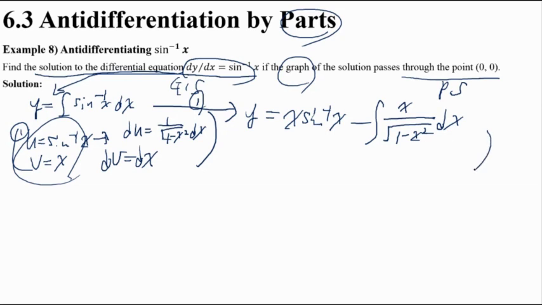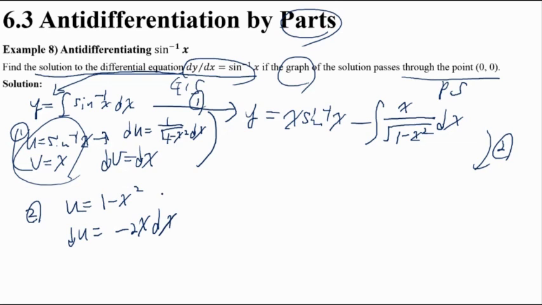So we do the second using substitution. Let u be the denominator part, 1 minus x squared, du will be negative 2x dx. Divide by negative 2, which means negative 1 over 2 du equals x dx. Because the numerator has only x, that's why we change it this way.